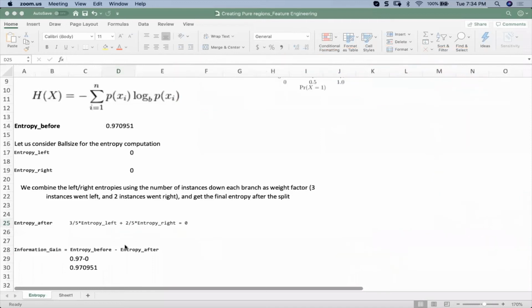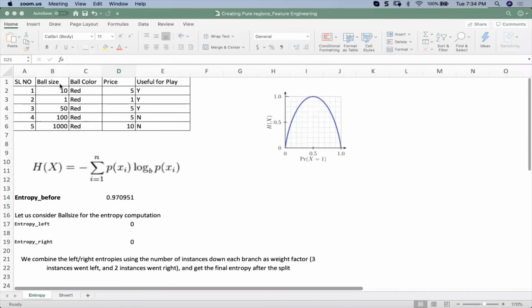Now if you look at this, entropy after is 0 when you have chosen ball size, because there was no misclassification when you use ball size, and when you have taken decision to segregate as less than or equal to 50 and greater than 50, there were no misclassifications. That means there is no error.